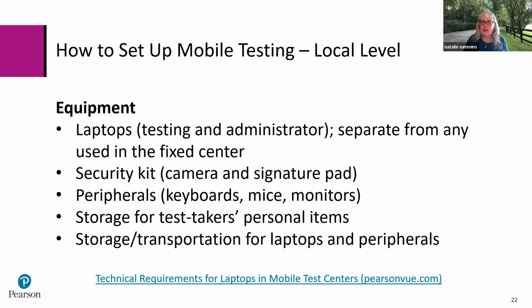The security kit, that digital camera and signature pad, we do recommend 2 cameras, because if one goes down, then you are not able to continue testing, unfortunately, until that gets fixed or replaced. The peripherals I mentioned, those external keyboards, mice, monitors. You might need to purchase storage for your test takers' personal items if you are going to a location that does not have lockers, for example.